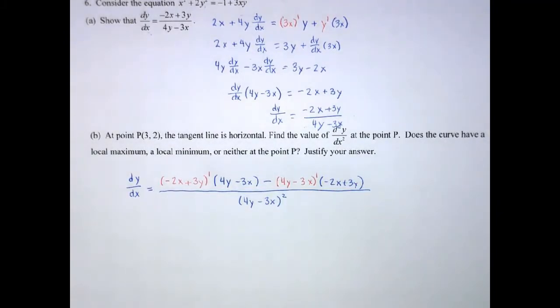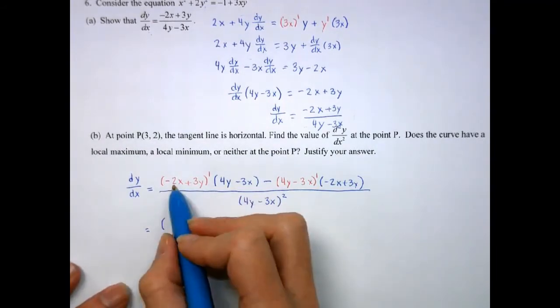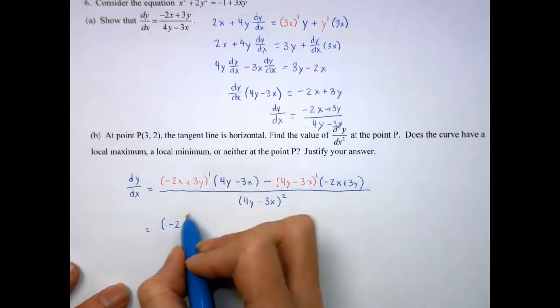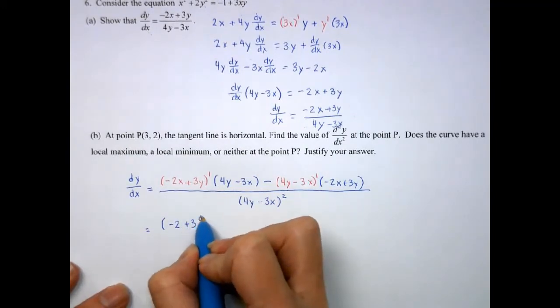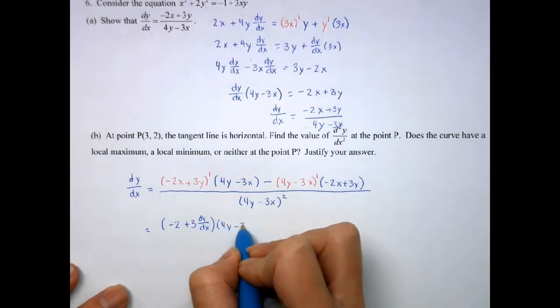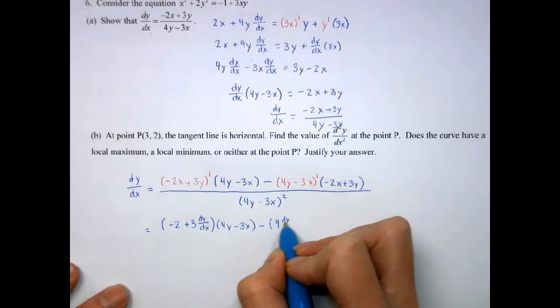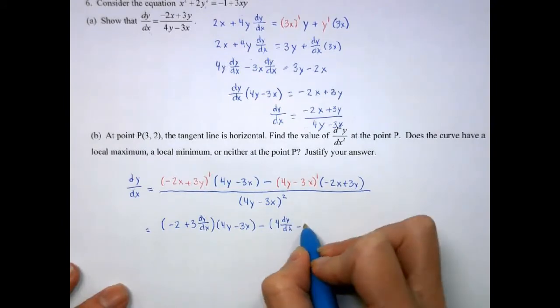Okay, so we'll do those derivatives implicitly again. So we're going to have negative 2 plus 3 dy dx. This is going to be 4 dy dx minus 3.